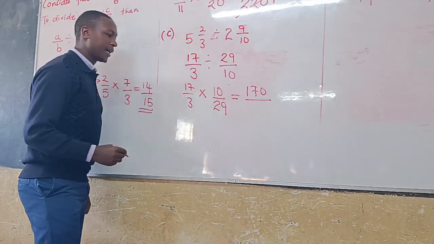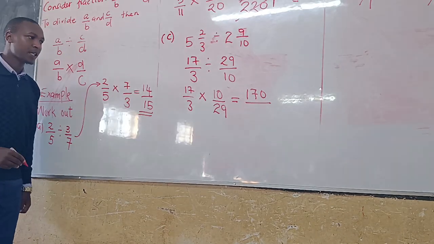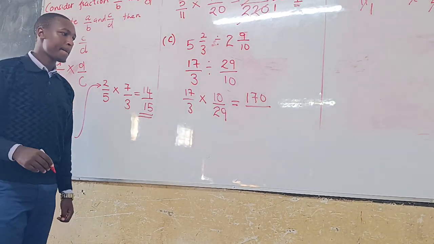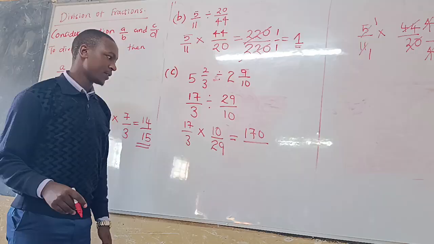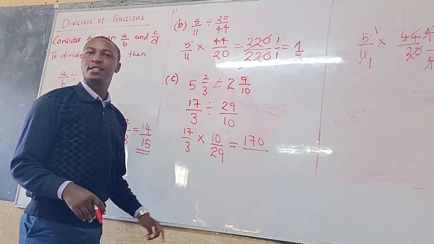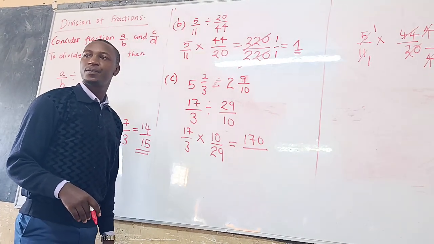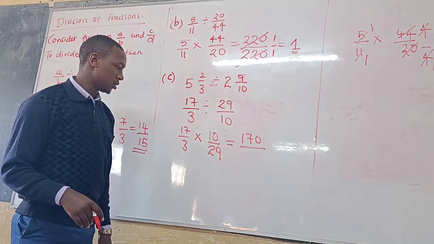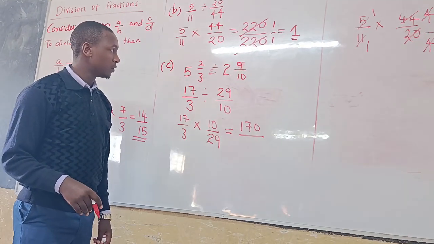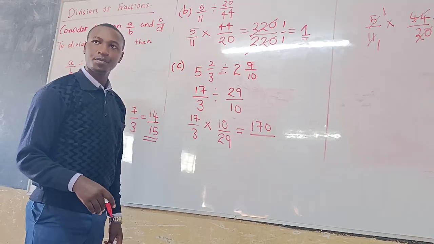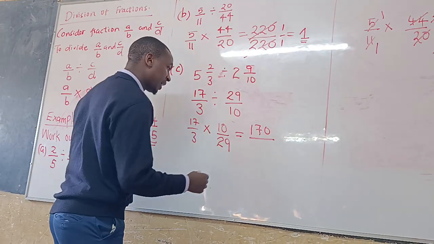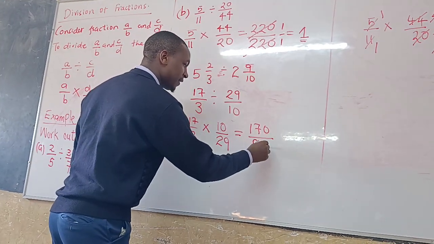Divided by 3 times 29. Very fast. It's going to be 60 plus 27. What is it? 87. You get 87? Yes.